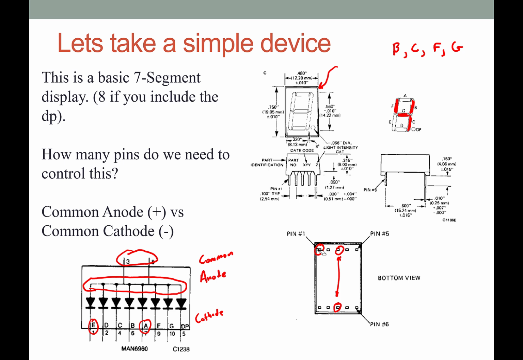Okay, if we want to light it up, how do you light an LED? Basically, what happens with an LED is if you put a positive voltage across the anode with respect to the cathode, then you're essentially going to turn on and it's going to light up. You have to exceed a certain voltage for that to happen. So like if I put it at 0 volts, that LED is not going to turn on.